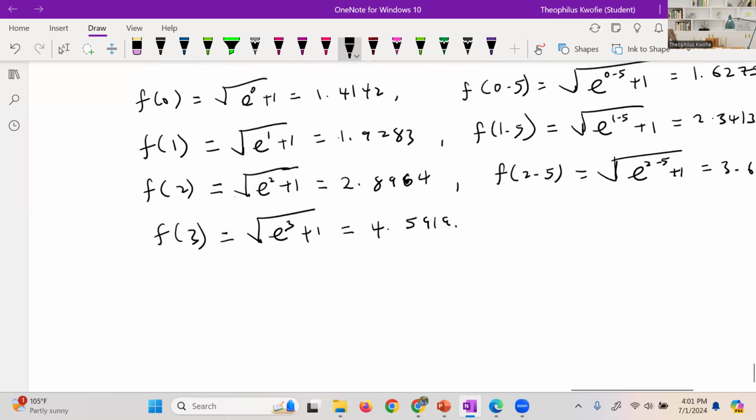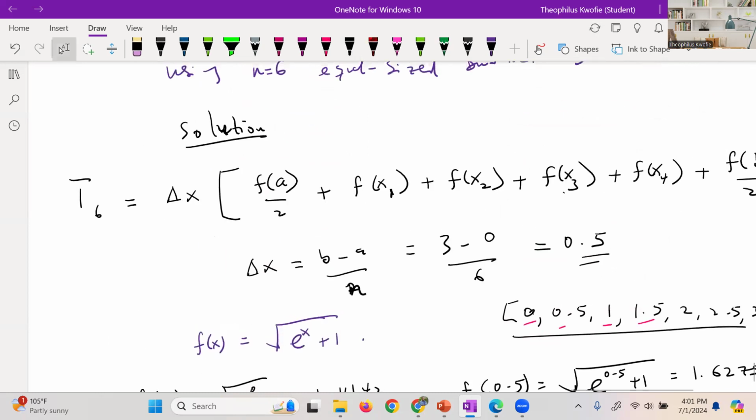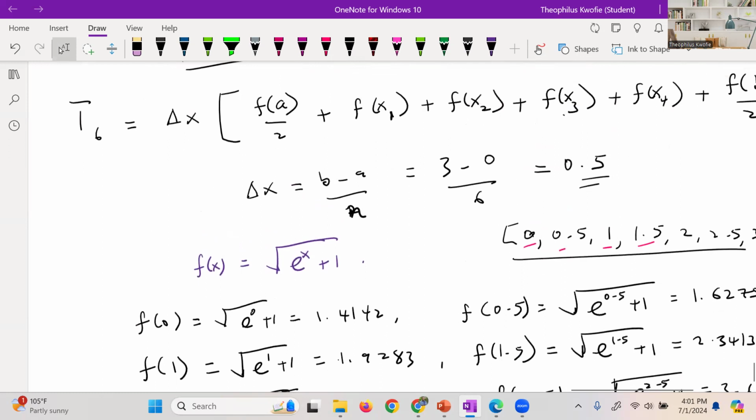Now, at this point, since we have the formula, per the formula, remember this is our formula, we have our width to be 0.5.